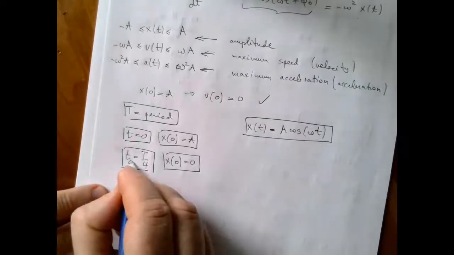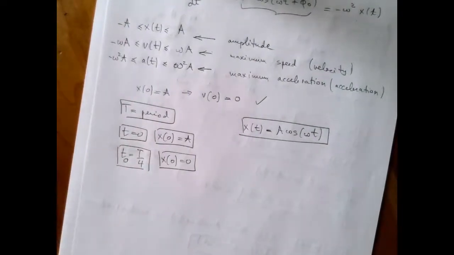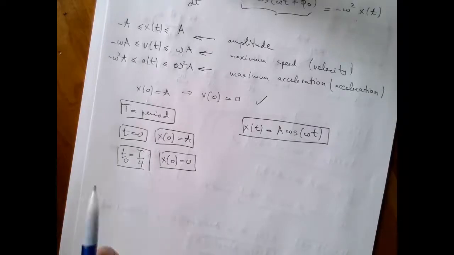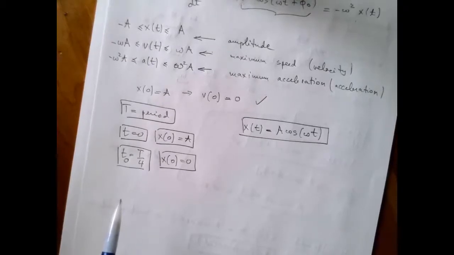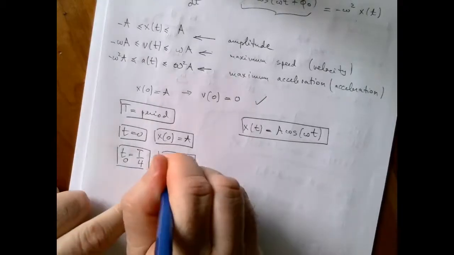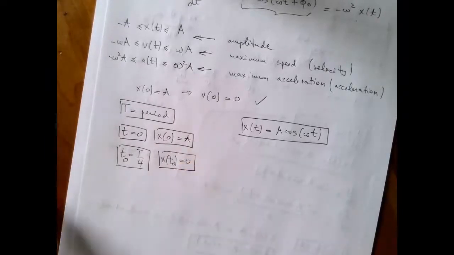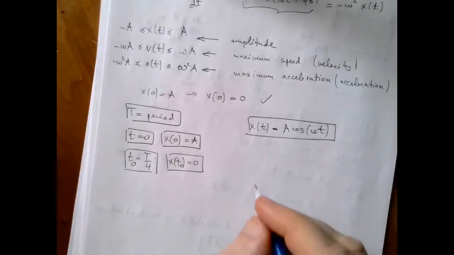So let's label this time t0. We know that this time will be equal to a quarter of a period. So if we find this time, we can find the period. Sorry, this is not x of 0, this is x of time t0. So let's see what happens.